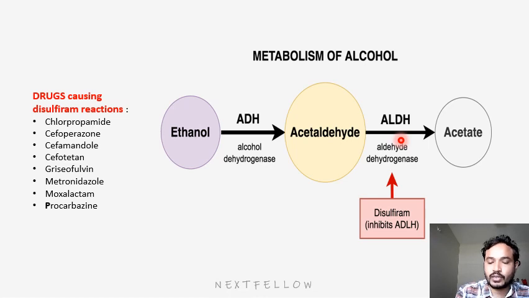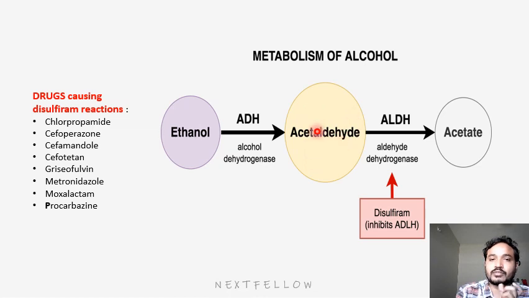Now, what is the disulfiram reaction? Disulfiram is a drug which is beneficial in psychologically dependent patients. Those patients who are interested in quitting alcohol, we help them by giving disulfiram. When disulfiram is administered, it will inhibit the aldehyde dehydrogenase enzyme, thereby causing accumulation of acetaldehyde, an intermediate metabolite.